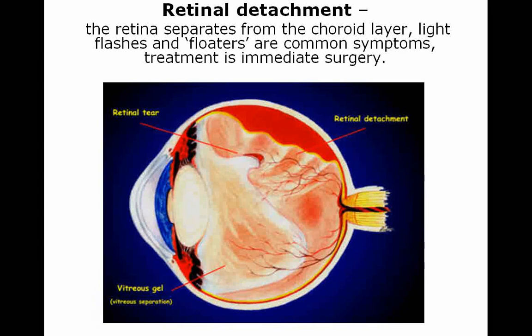Retinal detachment. If you take a look at the normal eye, the retina should be attached to the back of the eyeball. Like I said earlier, this is where the nerve cells of vision are located. In retinal detachment, the retina literally detaches from the choroid layer. The person will see light flashes and what they describe as floaters.